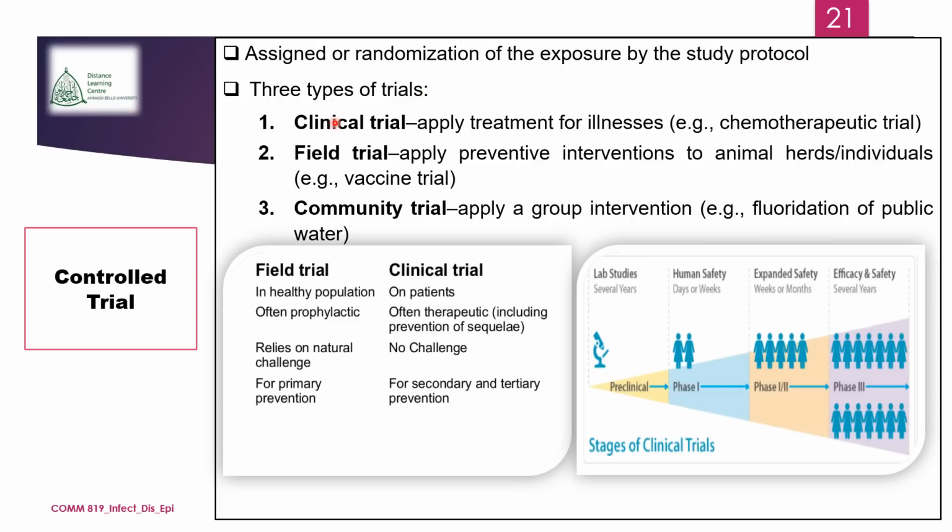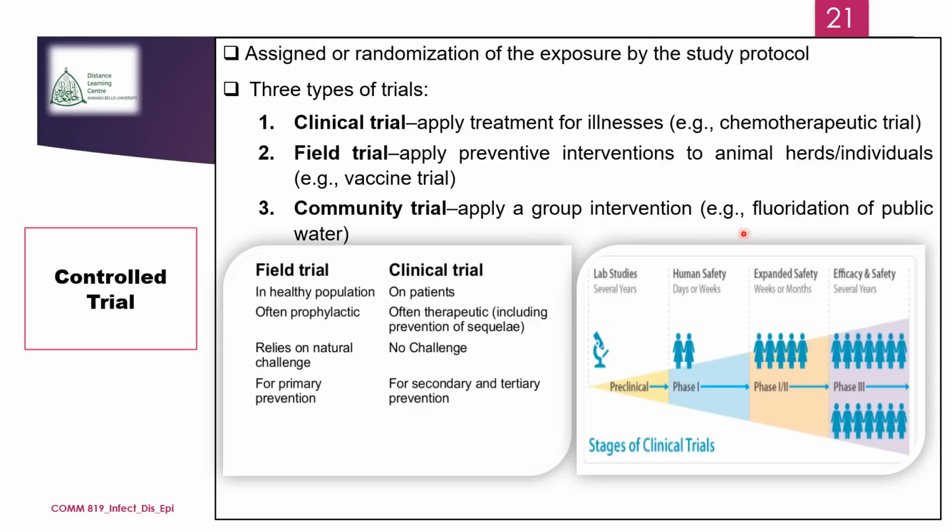We have the clinical trial, which applies to treatment for illnesses, e.g. chemotherapeutic trial. Then we have the field trial, which applies to preventive intervention to maybe individuals, for example a vaccine trial. Then we have the community trial, which applies to a group of individuals' intervention.